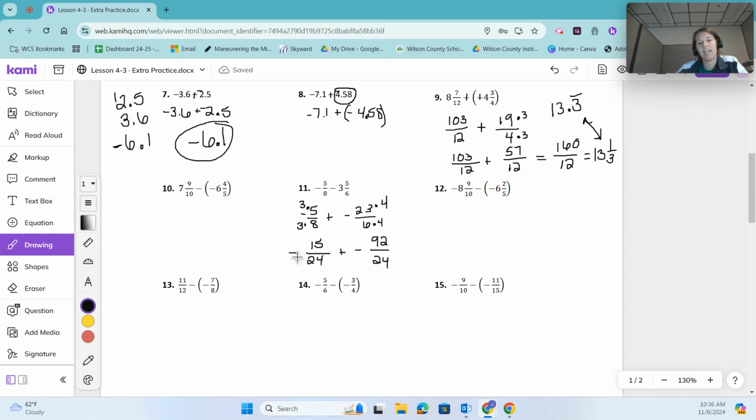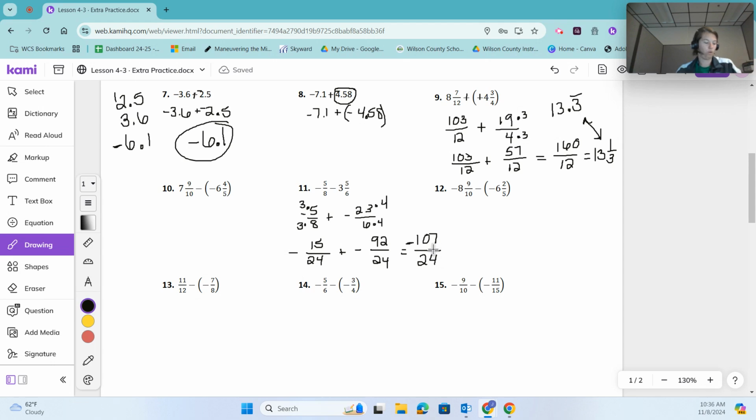Then we're doing negative 15 plus negative 92. My denominator again stays the same, and the signs are the same, so we add 92 plus 15, and we are going to get 107, and your answer is going to stay negative because we keep the sign.